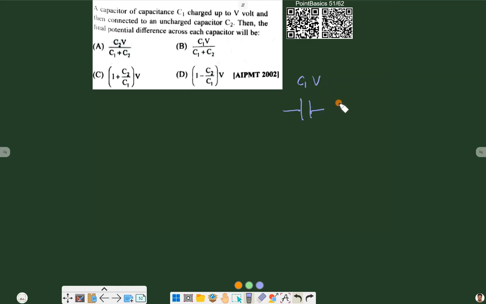So its charge Q on capacitor A, before disconnecting the battery, is C1V, because Q is equal to C into V. Now it is connected with uncharged capacitor C2. So this is our C1 and we have connected it with another capacitor C2. Now what will happen?